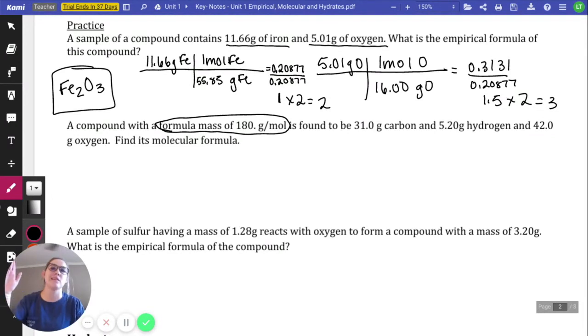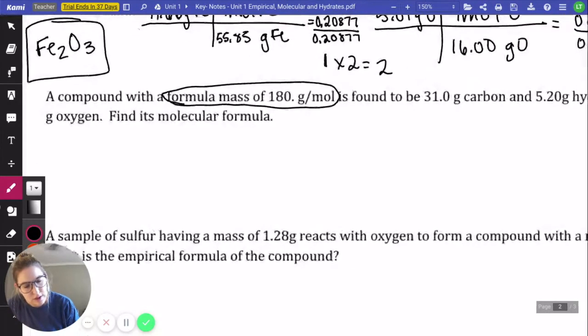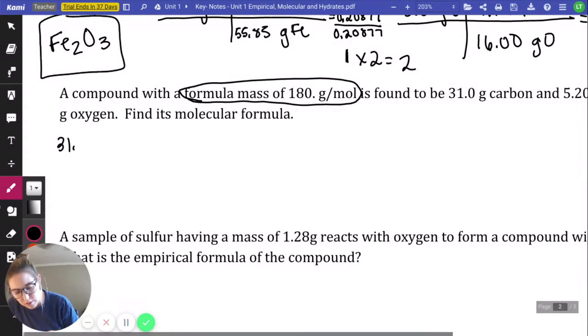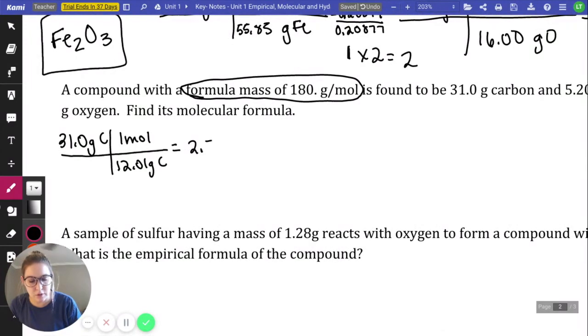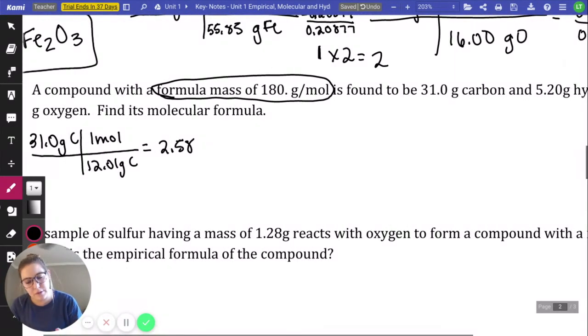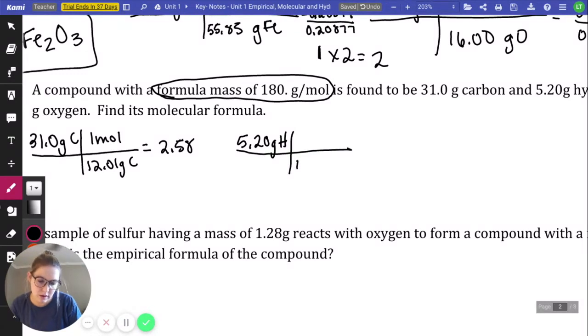All right, so let's start by solving for our empirical. So percent to gram, done. We're already in grams. All right, so now grams to mole. So I'm going to have 31.0 grams of carbon. I know that 12.01 grams of carbon is 1 mole of carbon. Plug that into your calculators, and I got 2.58. Then I have 5.20 grams of hydrogen, 1.008 grams of hydrogen is 1 mole of hydrogen.